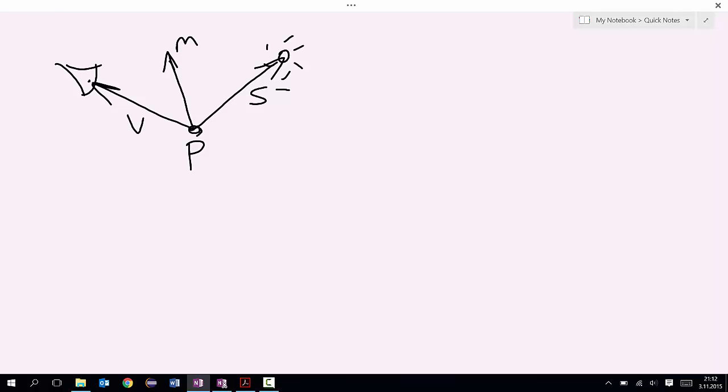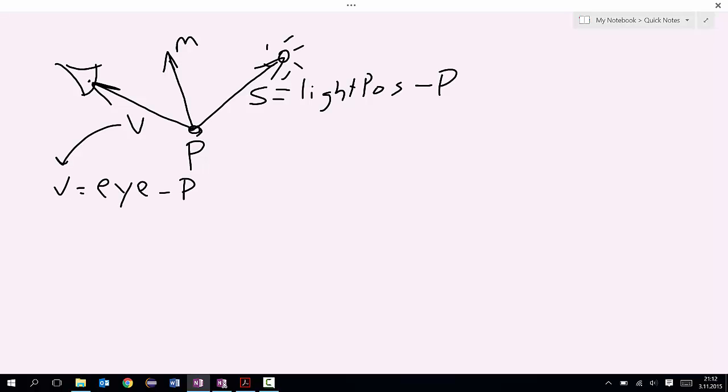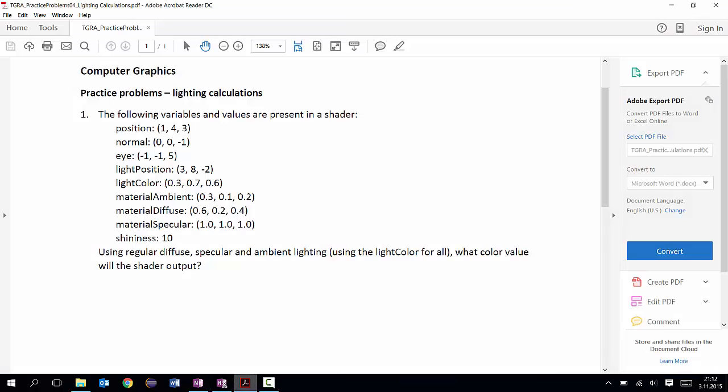So S is simply the light position minus P. V equals the eye, or the camera's position, minus P. So to begin with, we'll simply need the values for those.